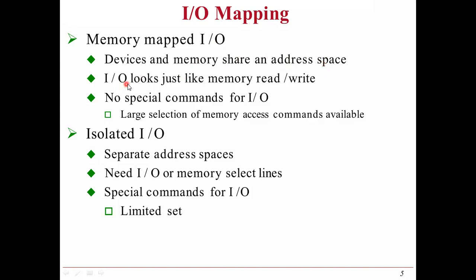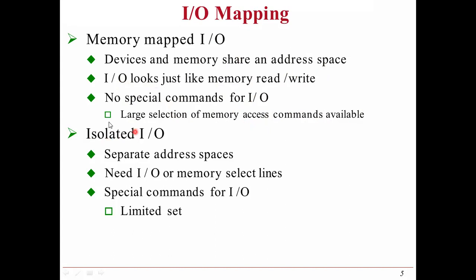IO, that is input output, looks just like a memory read or write, whether we read data from memory or write data into memory. No special commands for IO. A large selection of memory access commands is available, depending on our requirement.